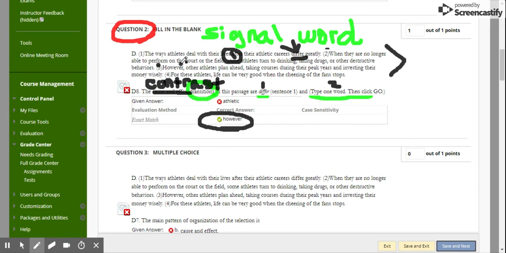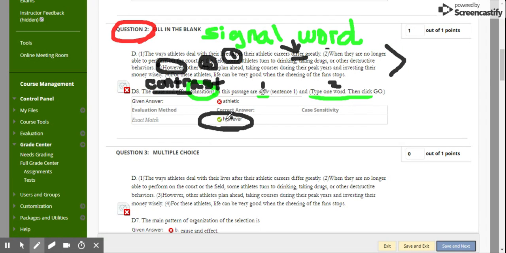And the second one is signaled here by saying, however, other athletes, option two, plan ahead, taking courses during their peak years and investing their money wisely. For these athletes, life can be very good when the cheering of the fans stops.